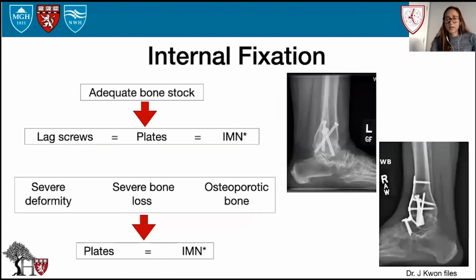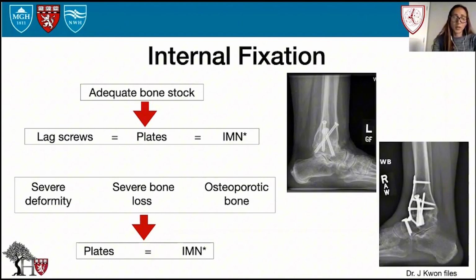In terms of fixation, any of the three constructs can provide a stable and rigid construct as long as we have a patient with adequate bone stock. In this case, biomechanical studies have shown that the three constructs can provide rigid fixation in order to obtain a successful union.